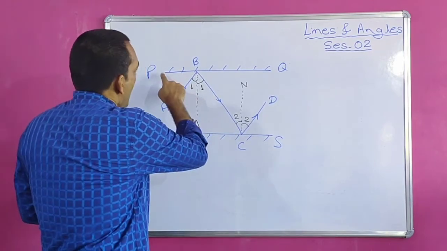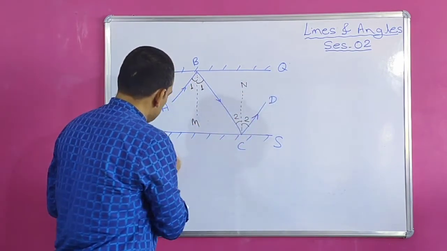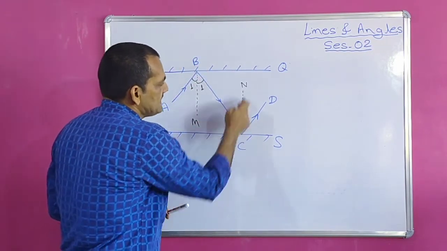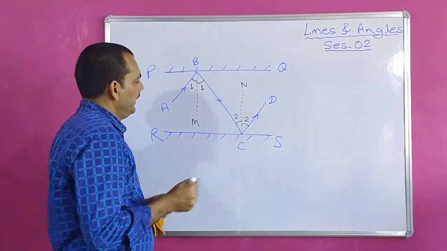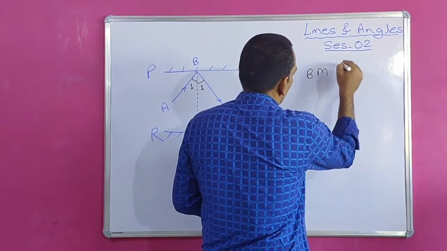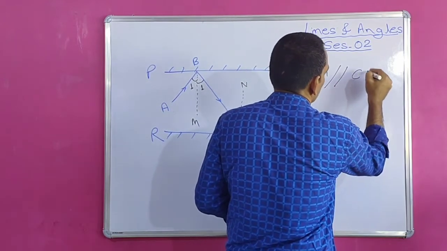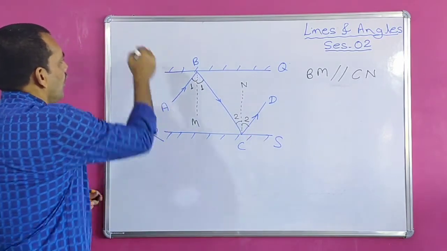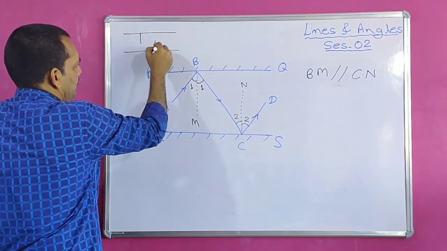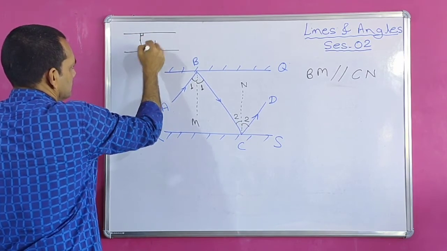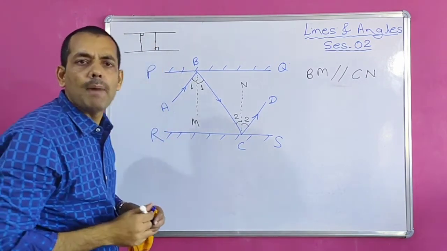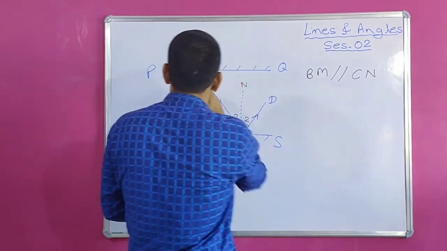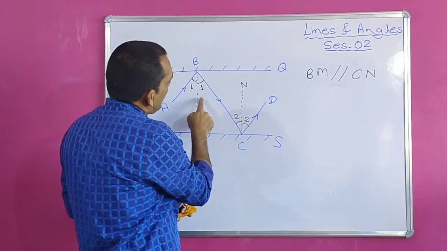Now, as PQ is parallel to RS, and at the same time BM and CN are both perpendicular, it simply means BM is parallel to CN. On any set of parallel lines, if we draw two perpendiculars, these two will also be parallel.